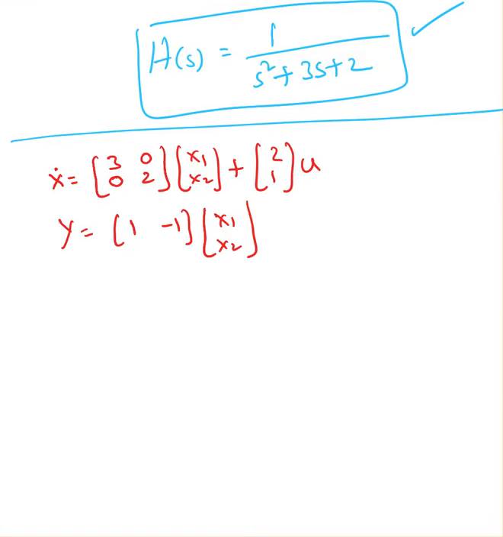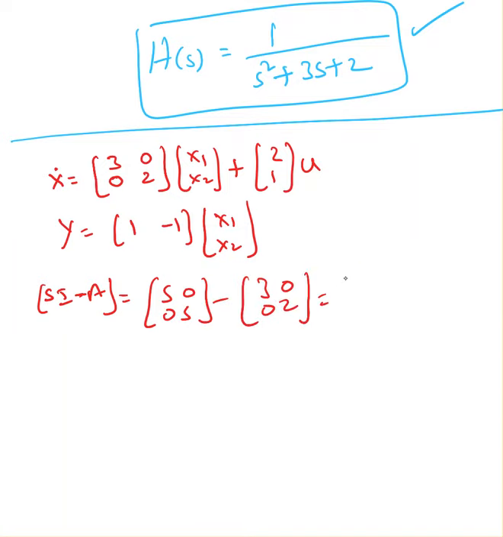Now we're going to find, step 1, sI minus A, which is nothing but [s, 0; 0, s] minus [3, 0; 0, 2]. So sI minus A is [s minus 3, 0; 0, s minus 2].